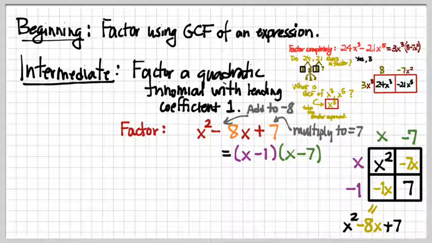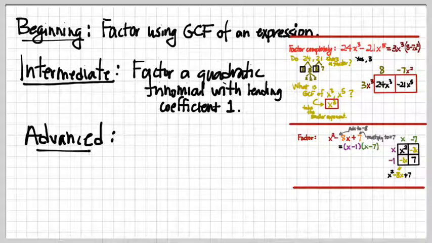So if we find a pair of numbers that satisfy both of these criteria, we have found the two pair of numbers that are the opposite terms in the binomial factors for x and x. Right? So here, negative 7 and negative 1 are the pair which multiply to 7 and add to negative 8. That's why negative 7 and negative 1 work in this factorization the way they do.